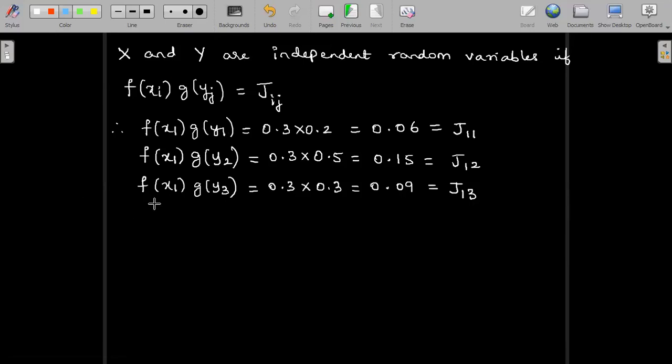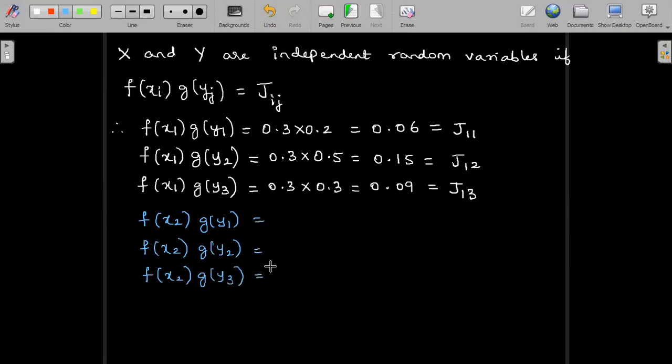That is, we now take the product of f of x2 with g of y1, then f of x2 multiplied with g of y2, and then f of x2 into g of y3 respectively. Let us do this quickly. f of x2 is nothing but 0.7.